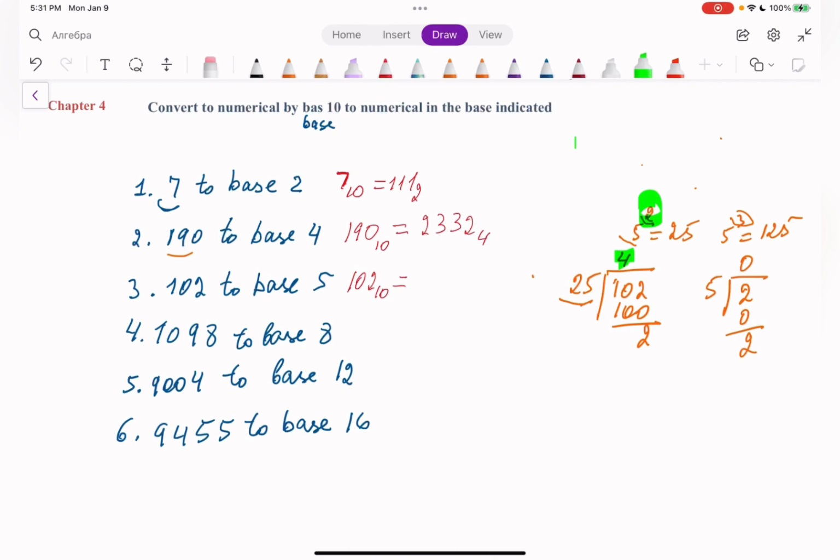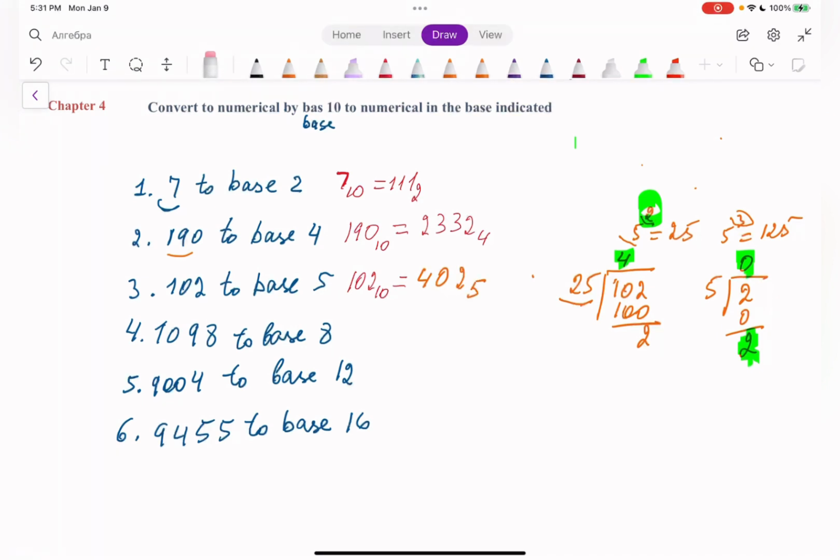So it's going to be 4, 0, and here the last remainder is 2. I will clarify what I said in a minute. We are getting, let me write down, 4, 0, 2 in base 5.